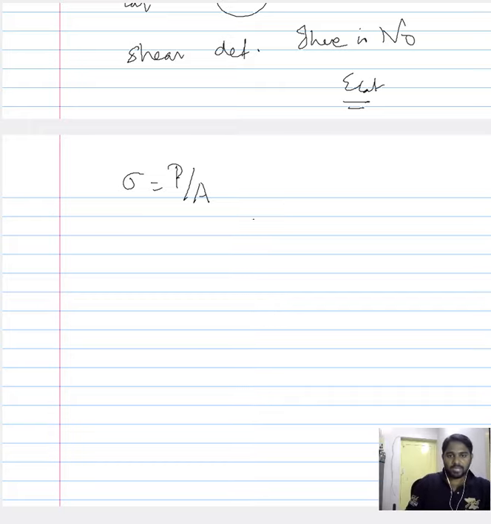Now we saw that this load can be expressed as something like this, meaning the stress is nothing but a resistive force that a material offers for a given unit area. So this is how we introduced ourselves to the stress and how we related the stress and the load.